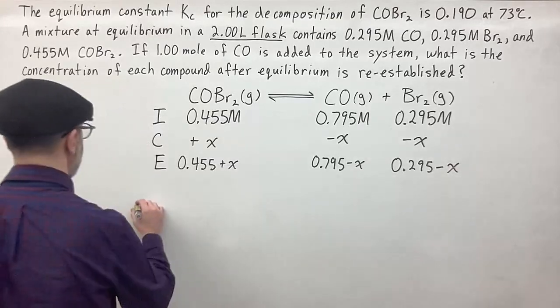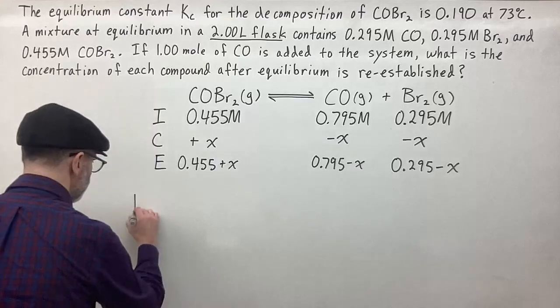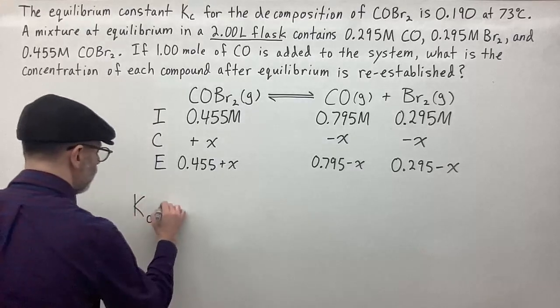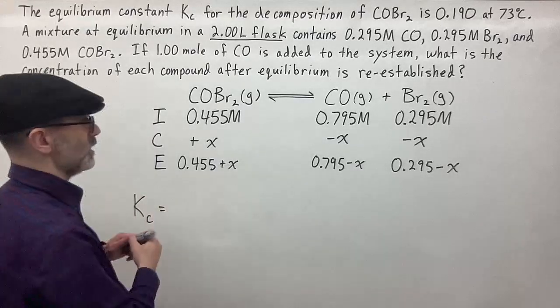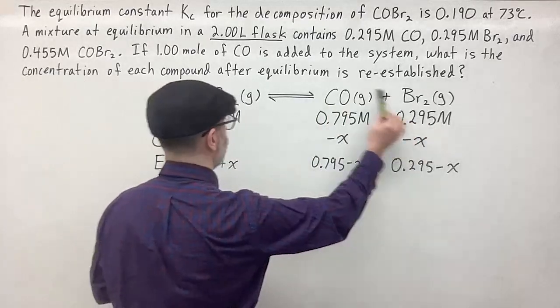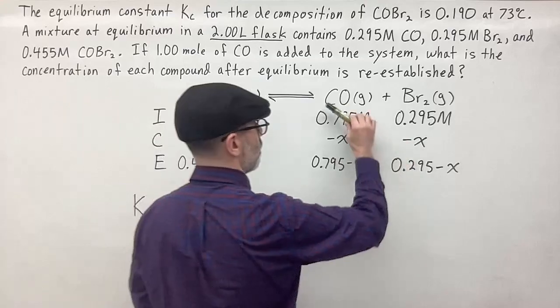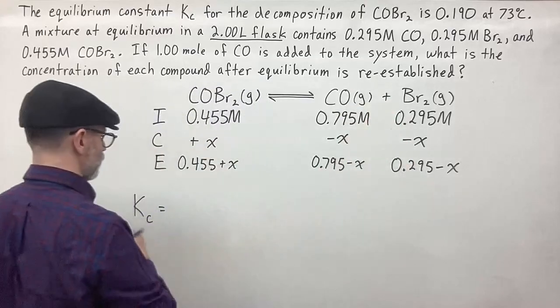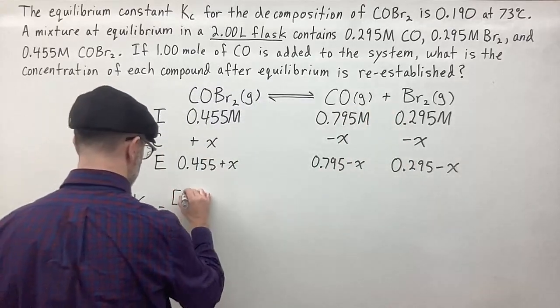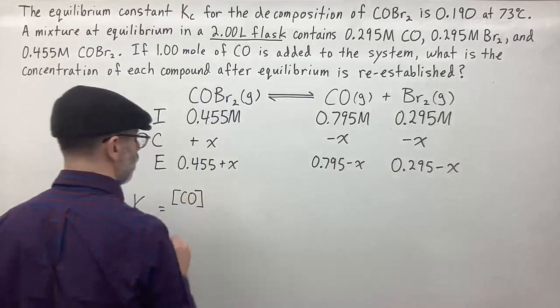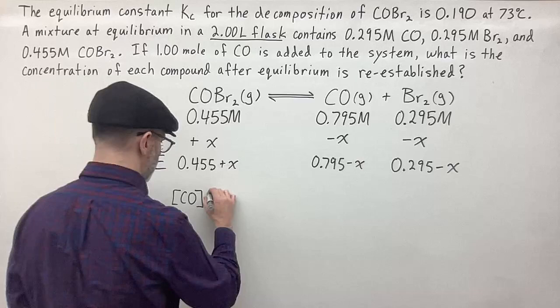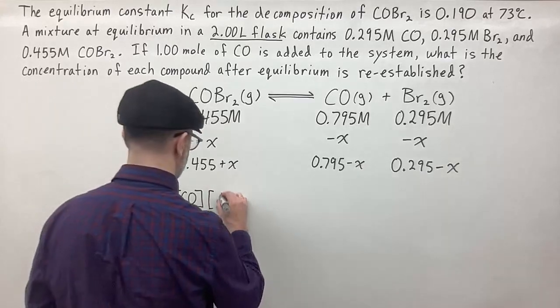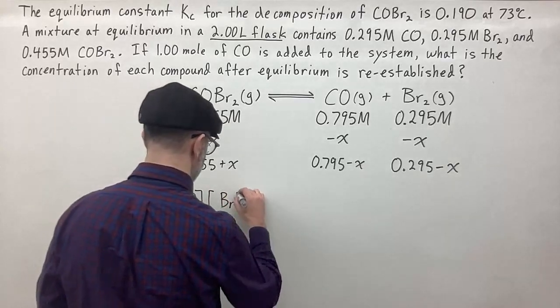Okay, so now I am ready to set up my equilibrium constant expression. So here we have Kc is equal to products over reactants. So here I'm going to have the concentration of CO multiplied by the concentration of Br2.